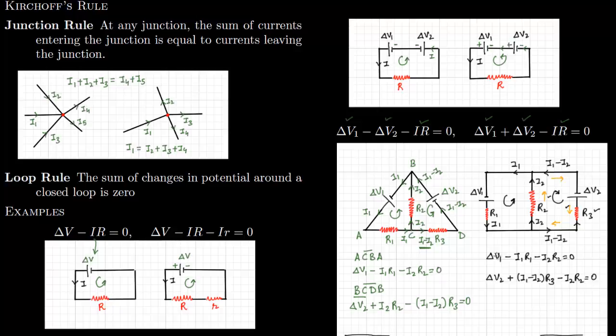So notice that the equations depend upon how you assign the loop. So this takes some time to practice with how you assign the loop, but either you can assign the loop, just put a small circle like this with the arrow, or just put arrows all along the border.